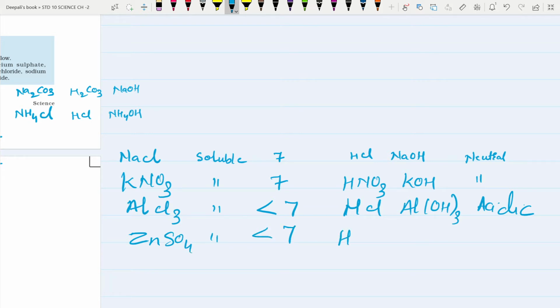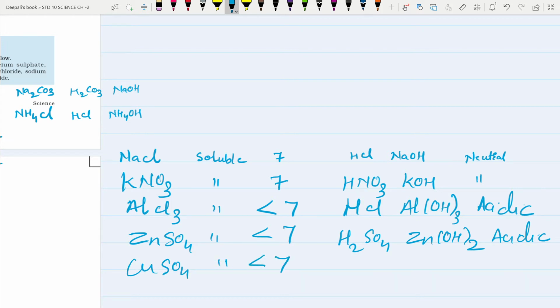It is formed by H2SO4 and Zn(OH)2 and is acidic in nature. Then we have copper sulphate, CuSO4, soluble, pH less than 7. It is formed from H2SO4 and Cu(OH)2 and is acidic in nature.